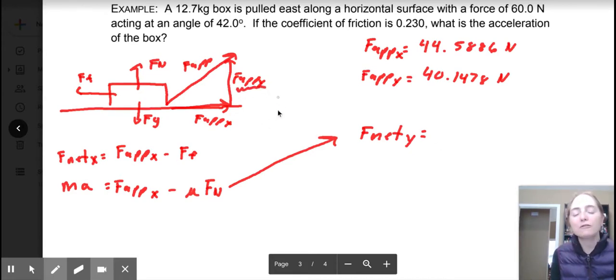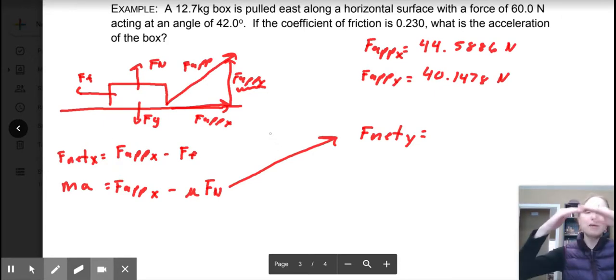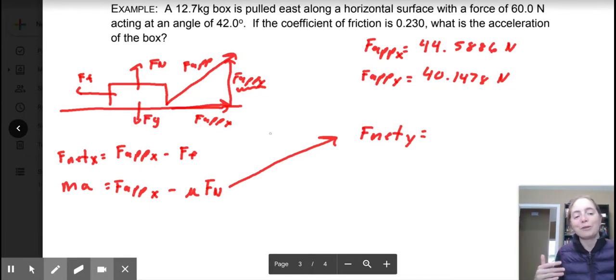We have force applied Y. Because you're pulling upwards on this object, you're reducing the force that is actually being applied by the ground. Okay, so that means our normal force is going to be less than our Fg. Be aware of that. So normal force is going to be a positive value.